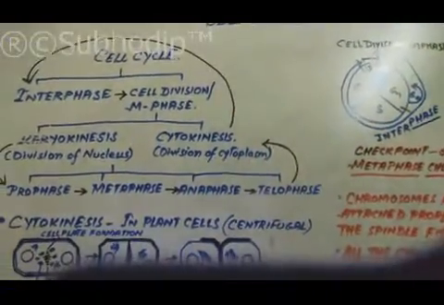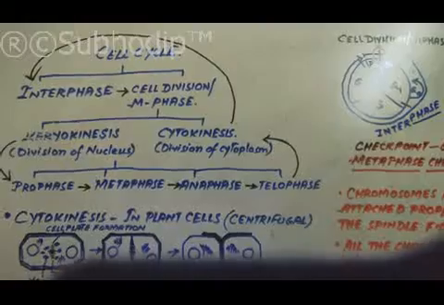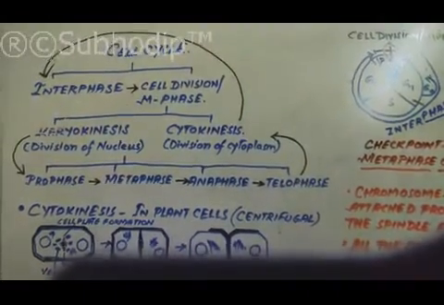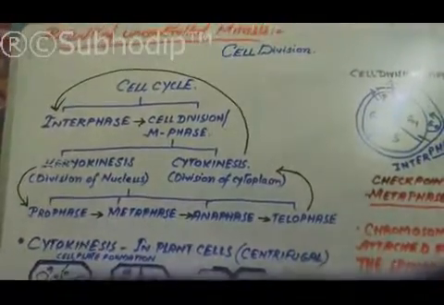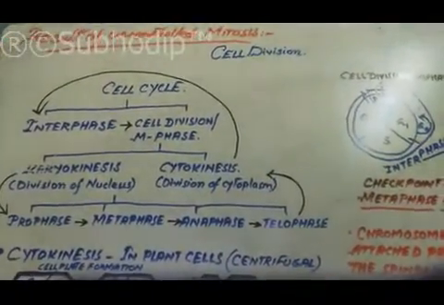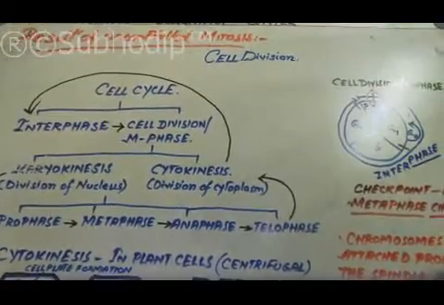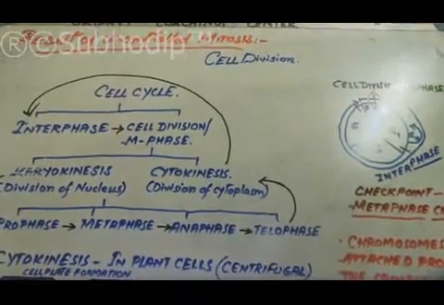We have learnt that at the end of cytokinesis, the mother cell gives rise to two daughter cells. Now, the question may arise: what will be the result of uncontrolled mitosis?